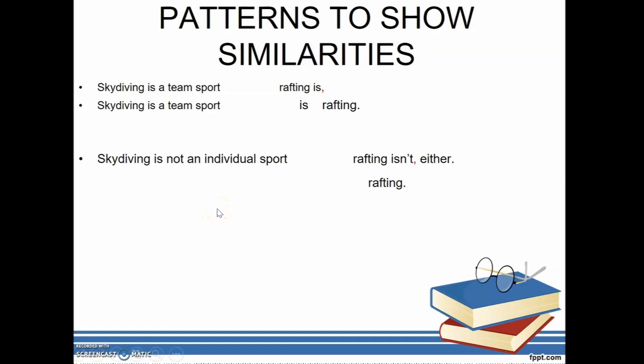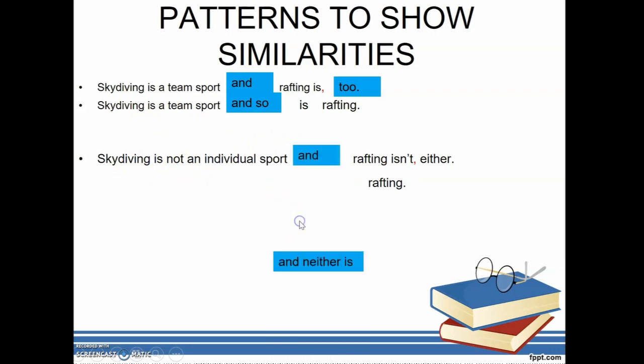So we see another example. Skydiving is a team sport and rafting is too. Please closely look at the comma here. Skydiving is a team sport and so is rafting. So both of them are team sports. Skydiving is not an individual sport and rafting isn't either.